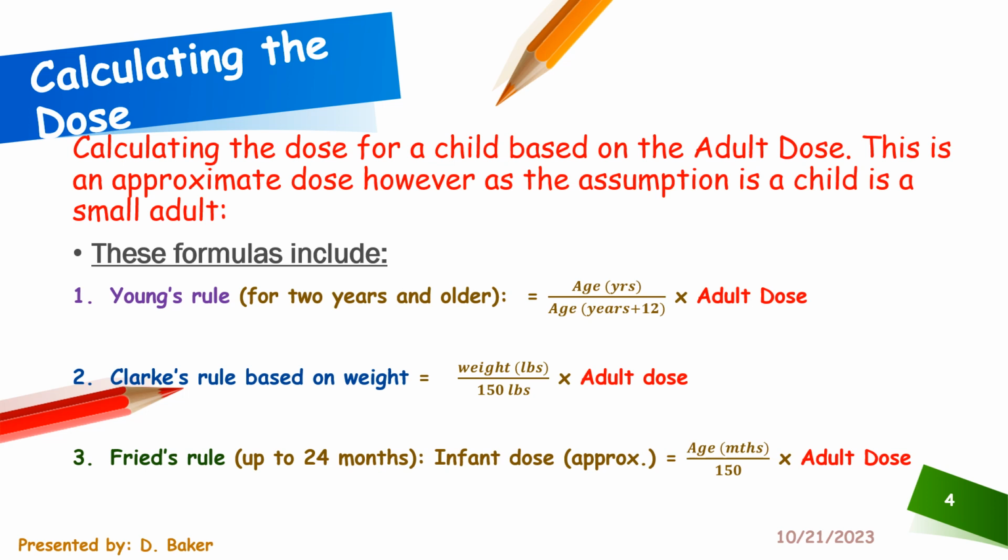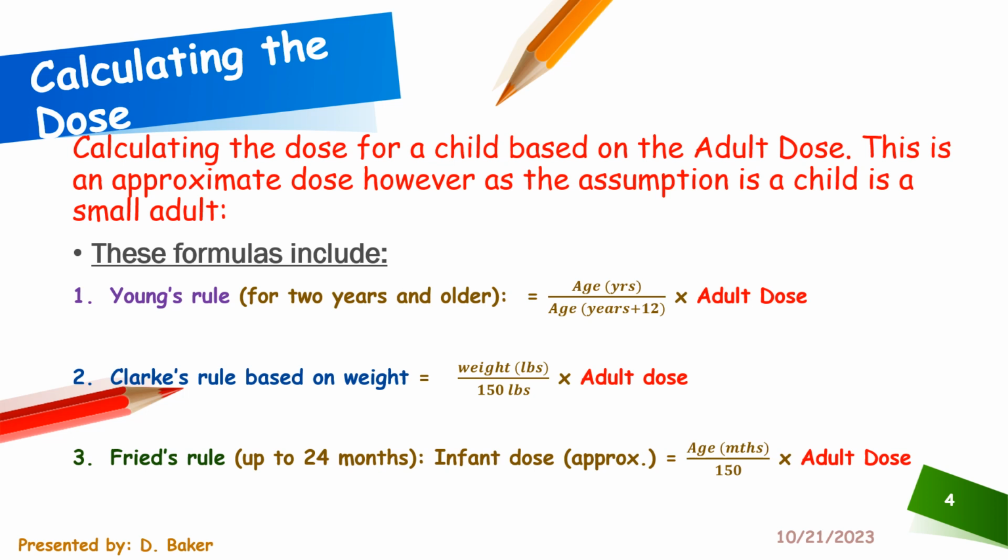Be careful not to confuse the 150 in Freud's rule with the 150 in Clark's rule, due to the difference in the units: 150 in Freud's rule is months, 150 in Clark's rule is pounds. 150 months, if you divide that out into years, you would get 12.5. Again, looking at that as the age of the little adult.